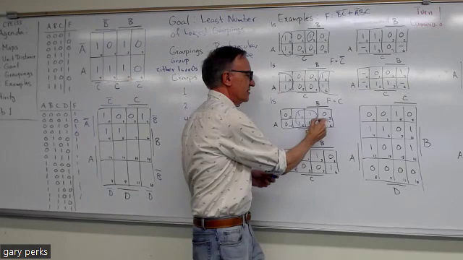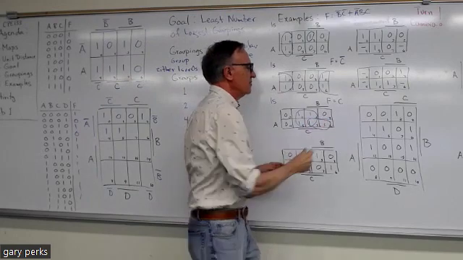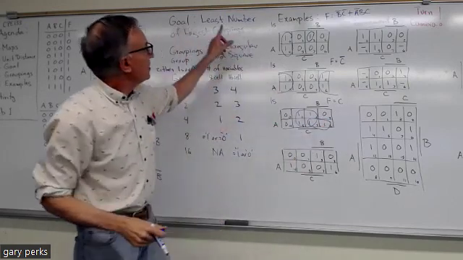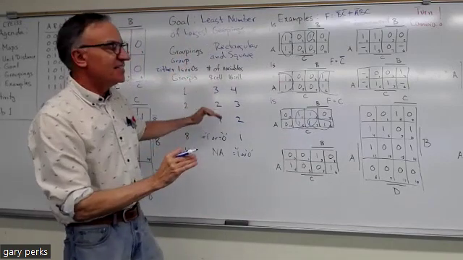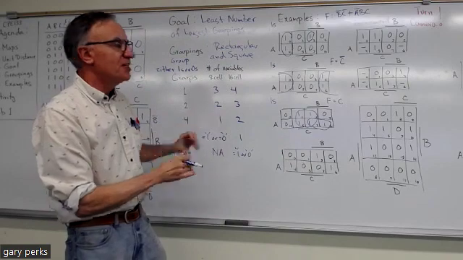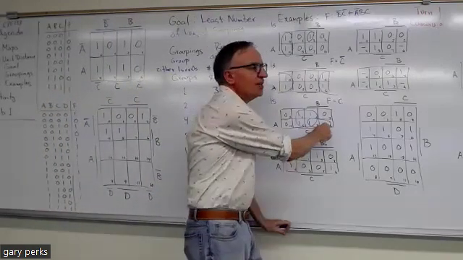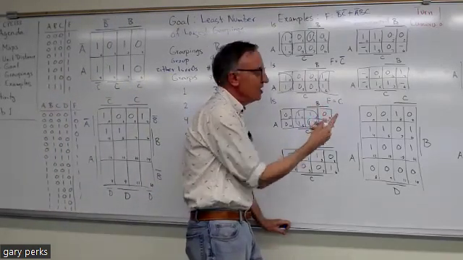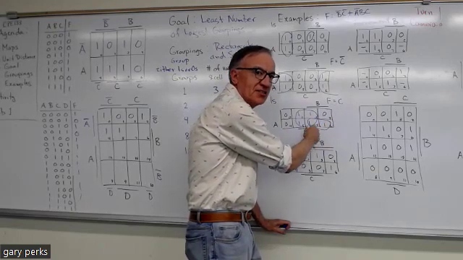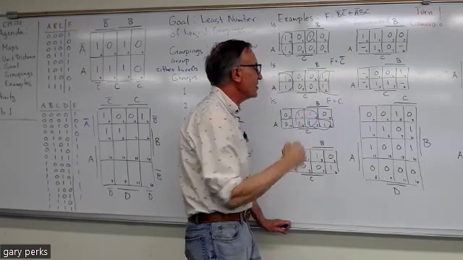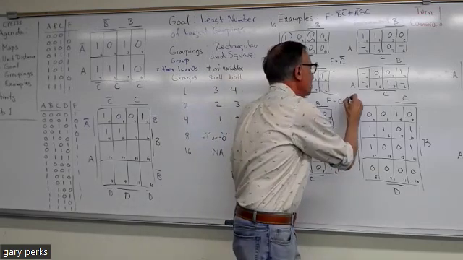Yeah, we do this. Because again, you want large groupings, because the larger the grouping is, the fewer variables I have in that term. If I only circle the 1, that's gonna give me a 3 variable term. But by overlapping and making this a 2 grouping, now I'm gonna get a term that just has 2 variables.